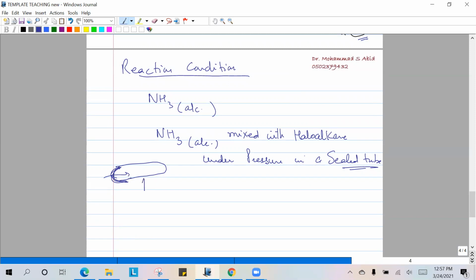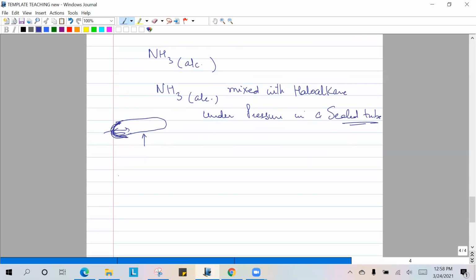Why will you seal it? Because when you heat it, the haloalkane, like all organic compounds, is volatile, so it will also escape out, but ammonia at room temperature is gaseous by nature. So it will leave the alcohol, change into vapors and escape out. Therefore, when you have closed it, it cannot escape out. So the tube needs to be a sealed glass tube.